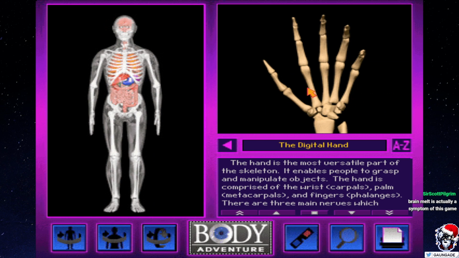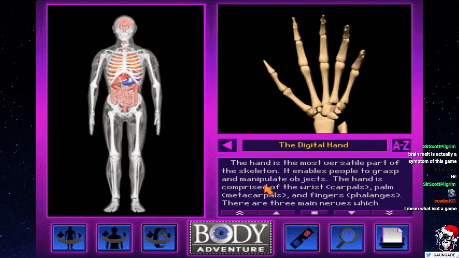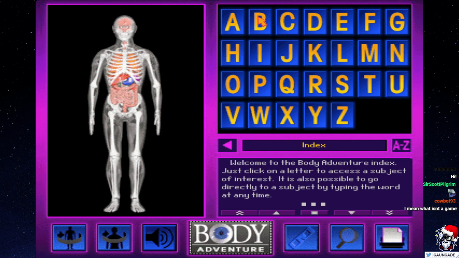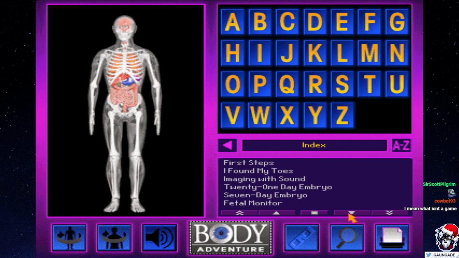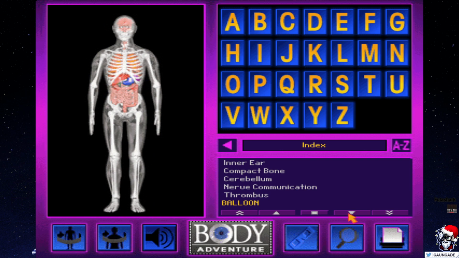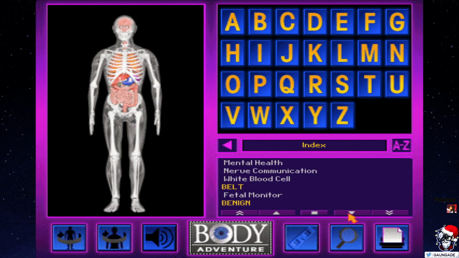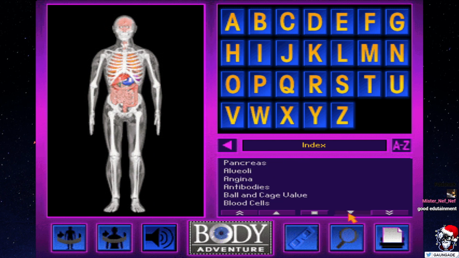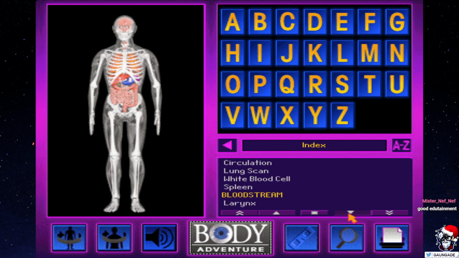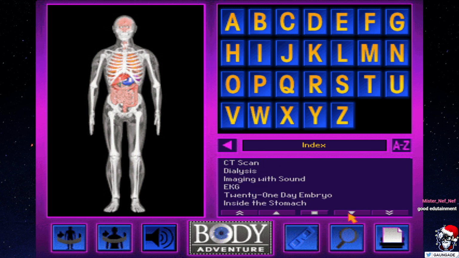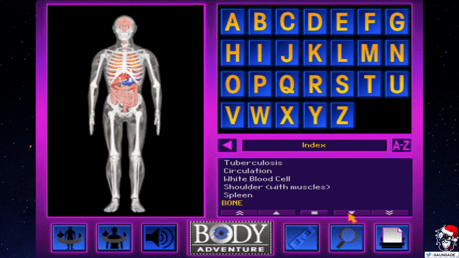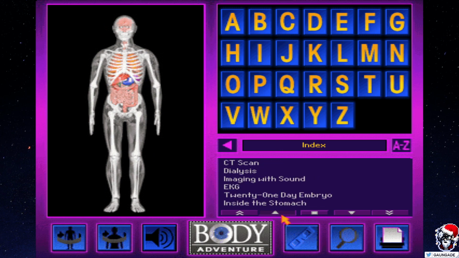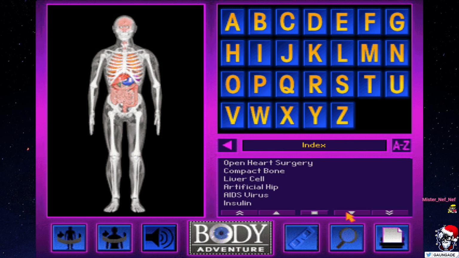The hand is the most versatile. A lot of care and passion went into this. Brain melt is actually true. Welcome to the Body Adventure. Where is it? Brain melt. Boom! Is this the brain? No, dude. I love you.